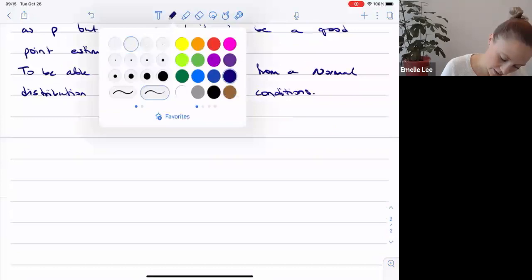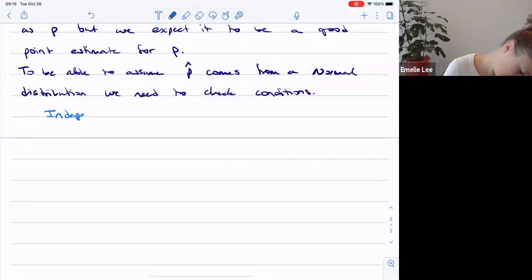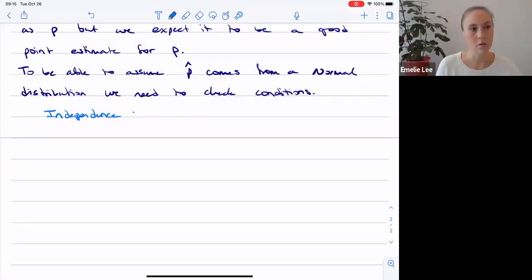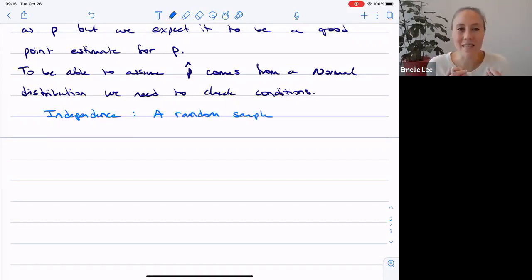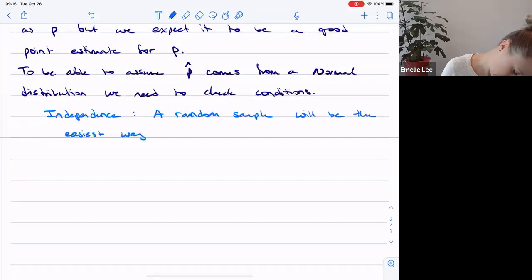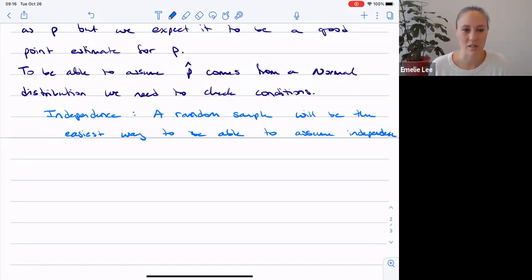And so we need to check that we have independence, which we check by saying, okay, a random sample will be the easiest way to be able to assume independence. Got squished there.